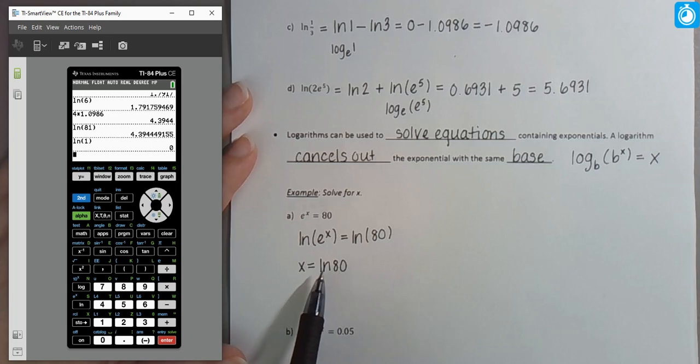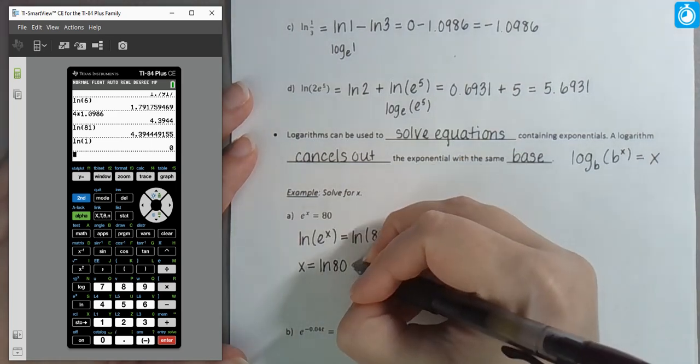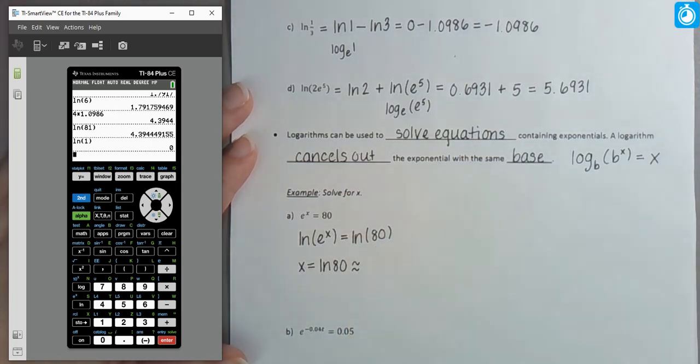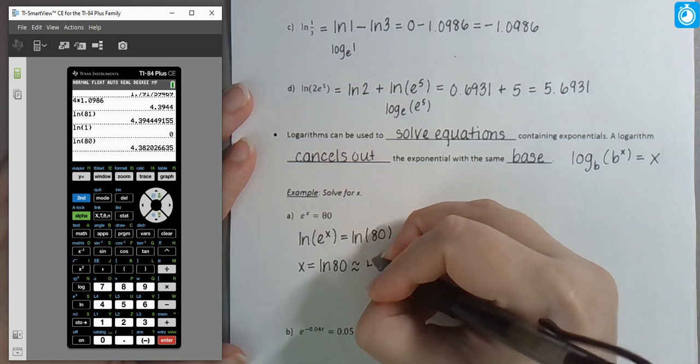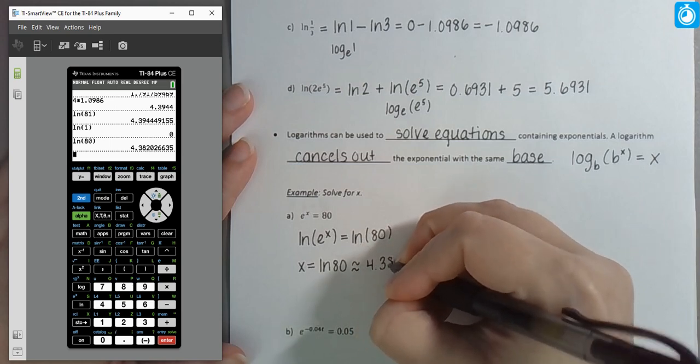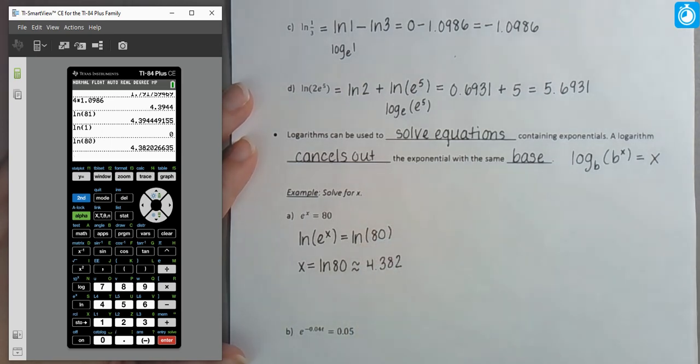This is the exact answer, but suppose we were doing an applied problem and we wanted a more useful answer. That's when we can plug it into the calculator and approximate. So the natural log of 80 is approximately 4.382.